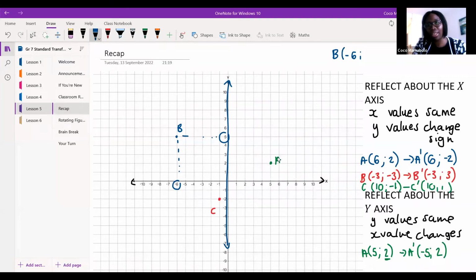Well done. Now, if we have B reflected about the y-axis, my B prime, what's going to happen to my X value? It's going to change. Good. What is it going to change to? 6 and 5. Excellent, because my y value stays the same. See how easy that is? Yes, ma'am. Very, very easy.